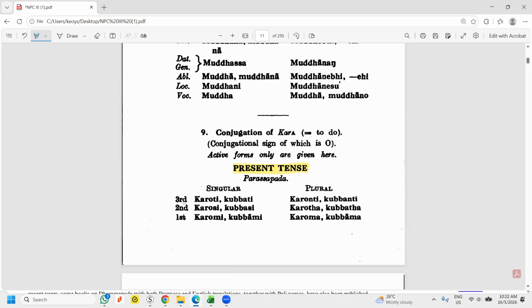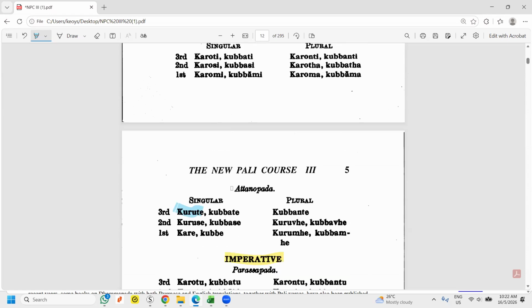This is the present tense: Atanopada kurute. This is the one referred to here. So it is easy to see. If you have the book, get your highlighter pen and highlight, then you know where it is, and you don't need to search. But if you don't have it, never mind, just try to remember.